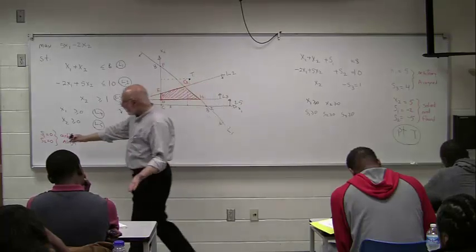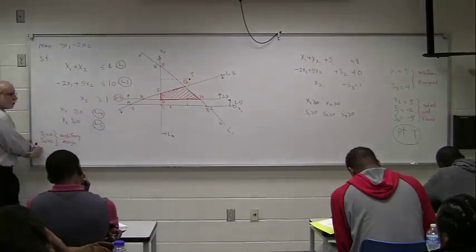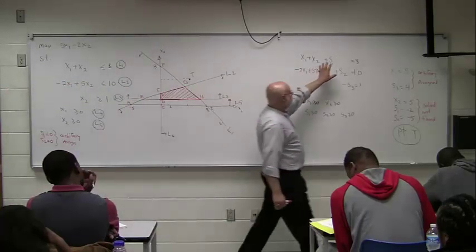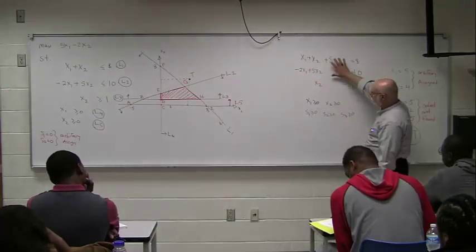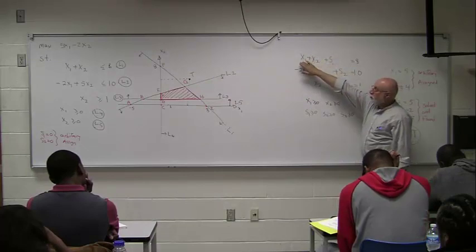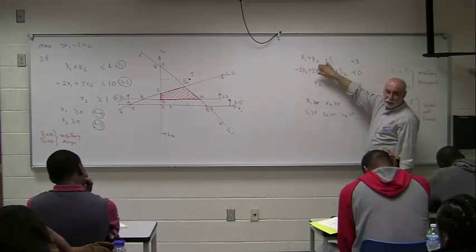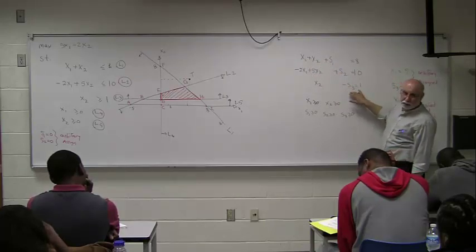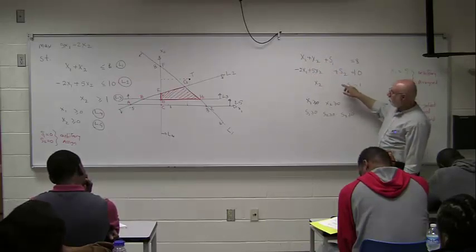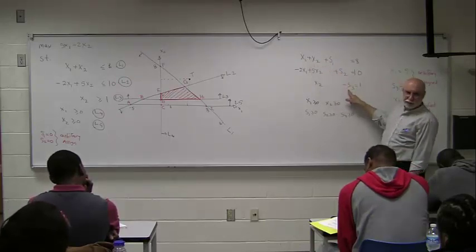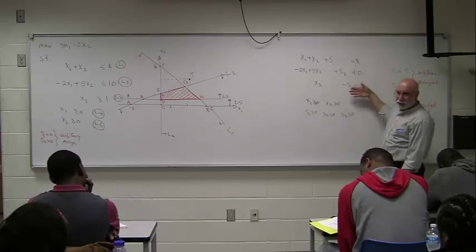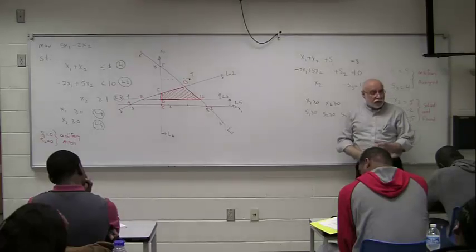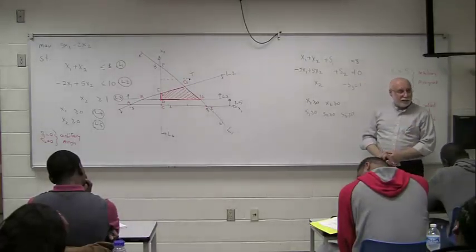So if I assign S1 and S2 0, then I have to solve two variables in here, two variables in here, two variables in here, together, 1, 2, 3 variables, 3 equations. You solve them and you find the values of x1, x2, and s3.